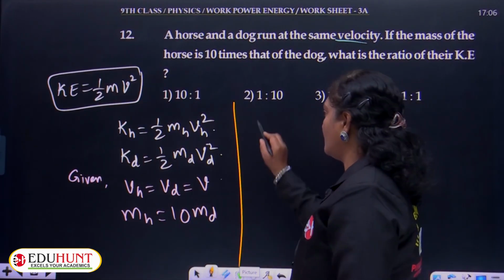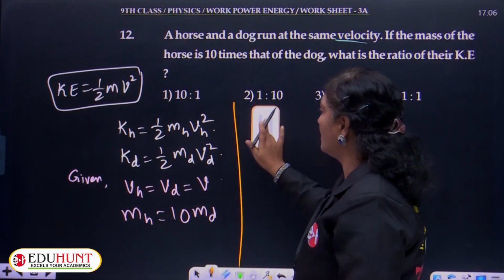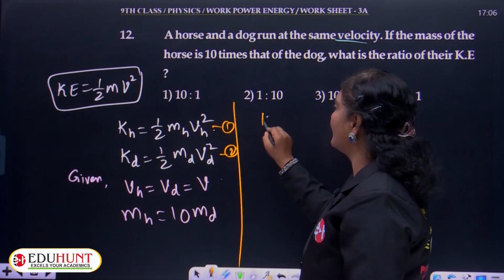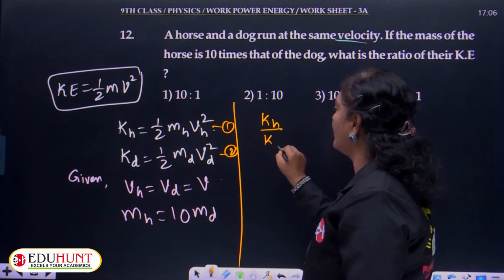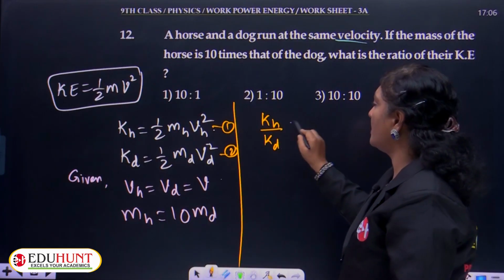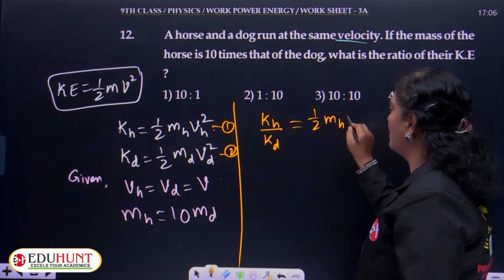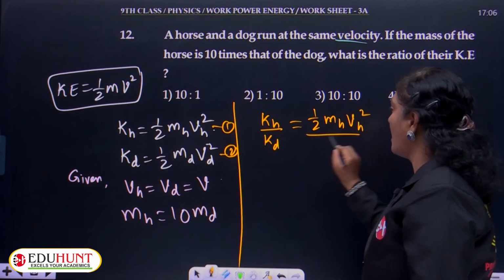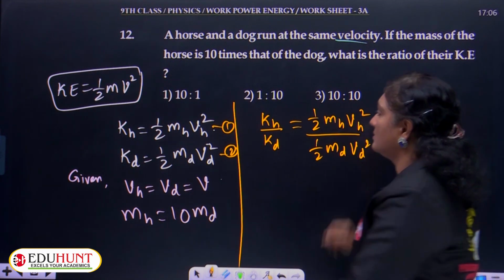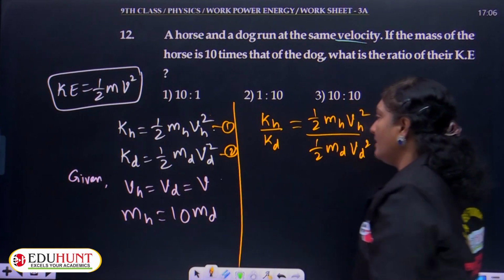Comparing the two things, one is kinetic energy of the horse and the other kinetic energy of the dog. So, let this be equation 1 and this be equation 2. So, let us divide kh upon kd, because first horse is given, second dog is given. So, kh upon kd. Formula is half mh vh square upon half md vd square.